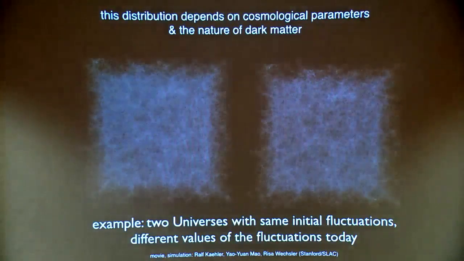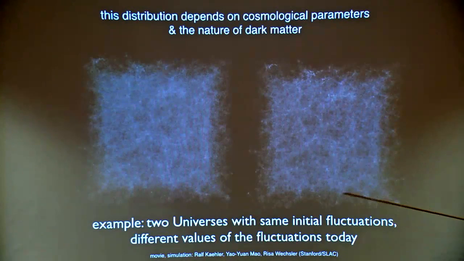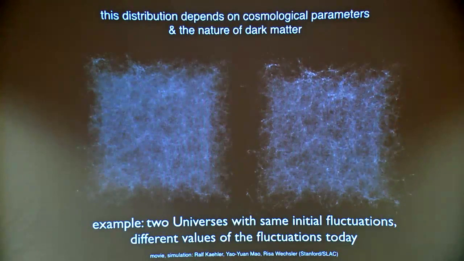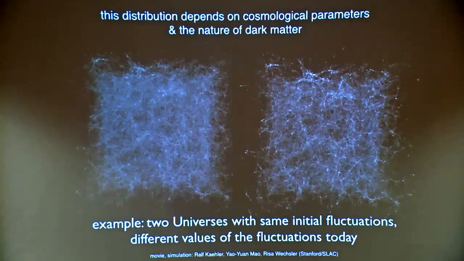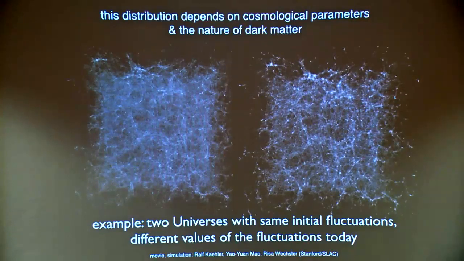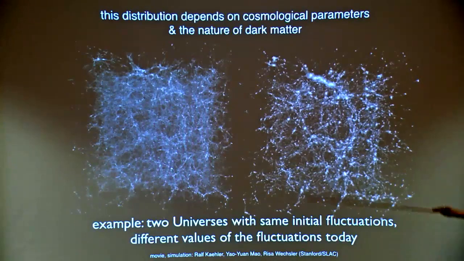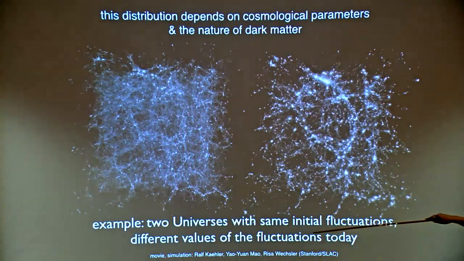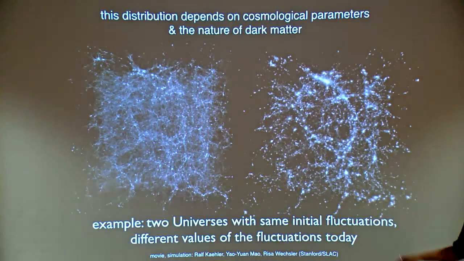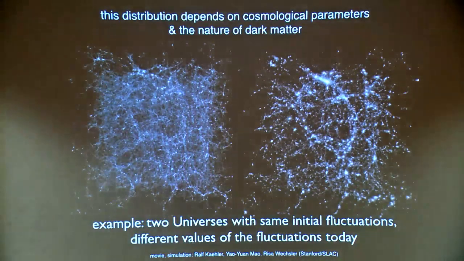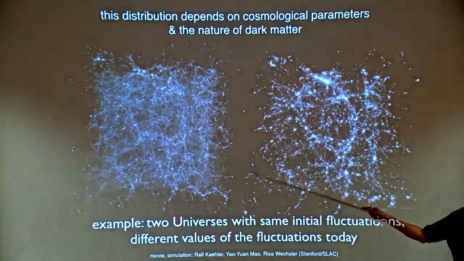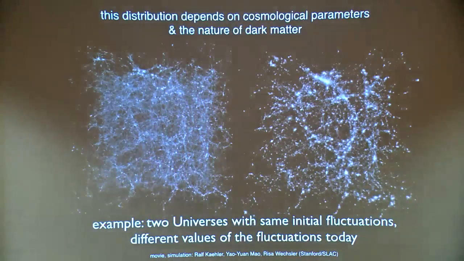Now I'm doing 2 different movies. This is an example of 2 movies which looked almost the same 13.8 billion years ago. They had basically the same fluctuations at that time, but they had different values of the fluctuations today. So part of that pie chart was a little bit different, or some of those 6 numbers were a little bit different, and so they ended up looking quite a bit different. How do you predict that?